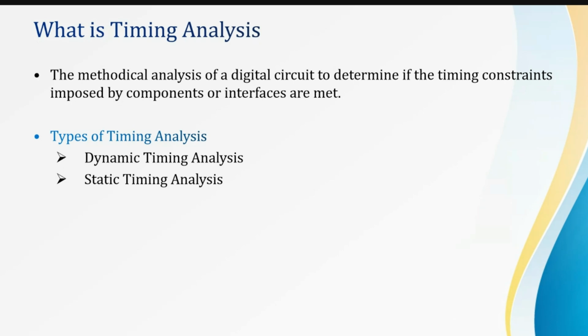Consider the example of a smartphone: if you want to use any app, you click on it, and within a fraction of a second there is a timing estimation. Within that amount of time, the app has to open. For that, the data, the signal, has to reach, right?